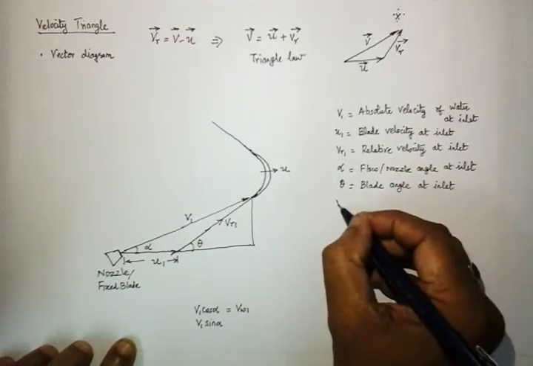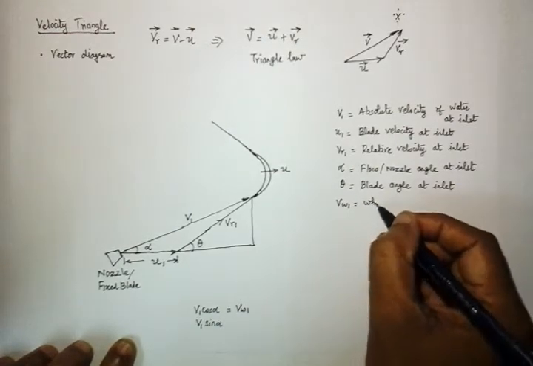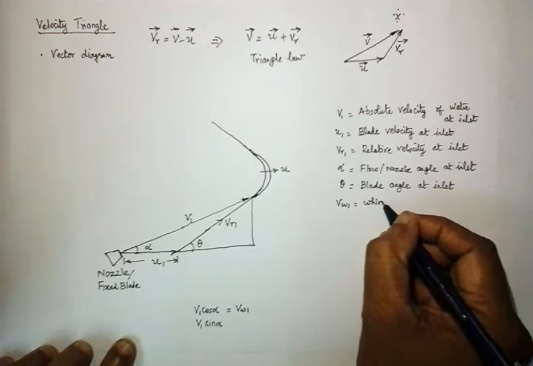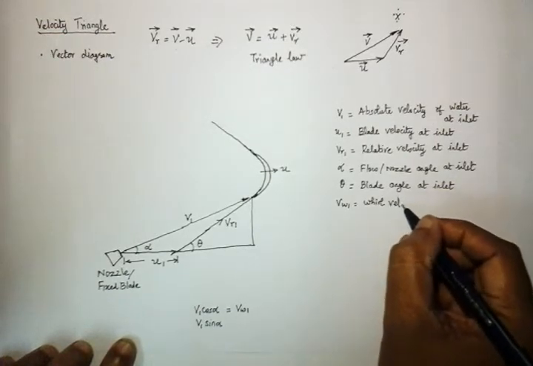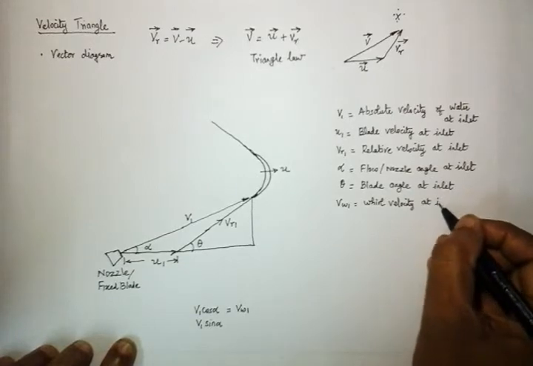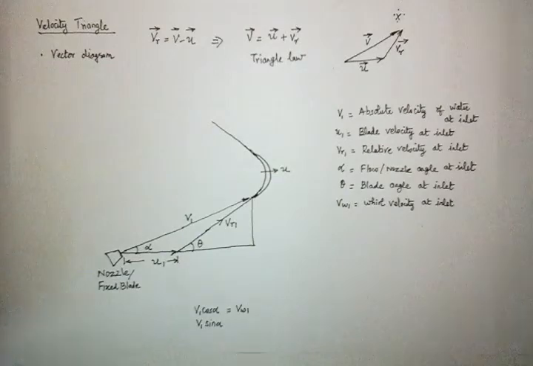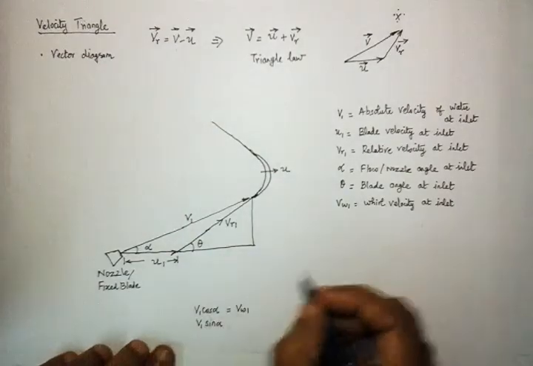So Vw1 is the whirl velocity at inlet, given by Vw1 equal to V1 cos alpha.